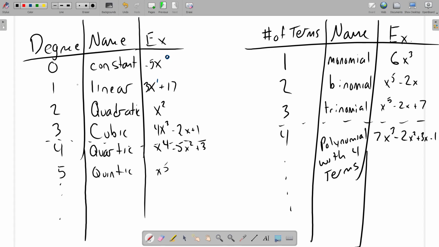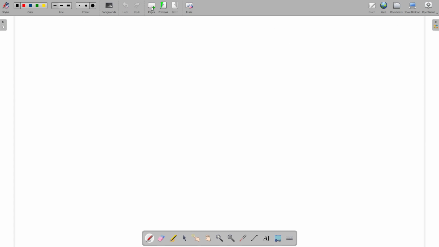Okay, so we have all this different terminology. We have degrees. We know how to identify degrees based on the polynomial. We know how to count the number of terms in a polynomial. And then we can classify the polynomial based on either the degree or the number of terms.